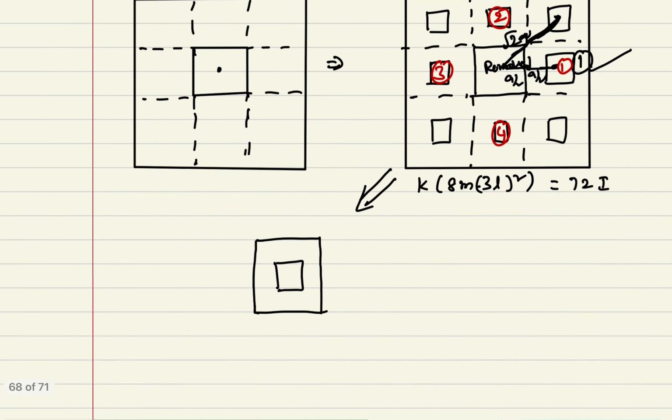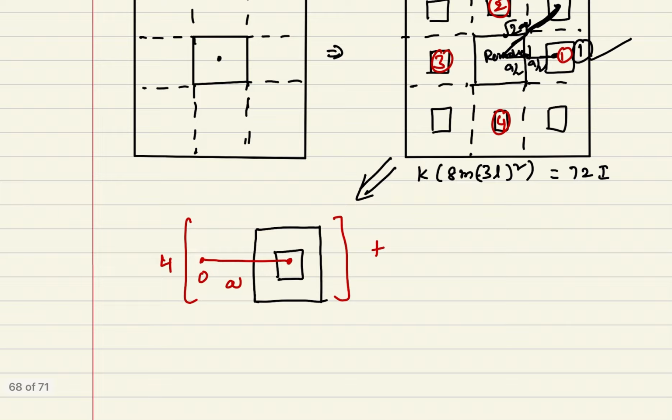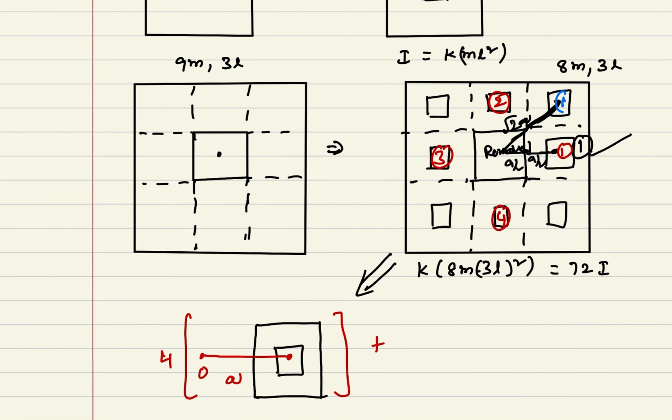Those 4 parts I am writing, 4 times. There is a point O, which is located from center to center at a distance of how much? A. Plus one more thing, you can see there are another 4 at the corners, 1, 2, 3, 4.